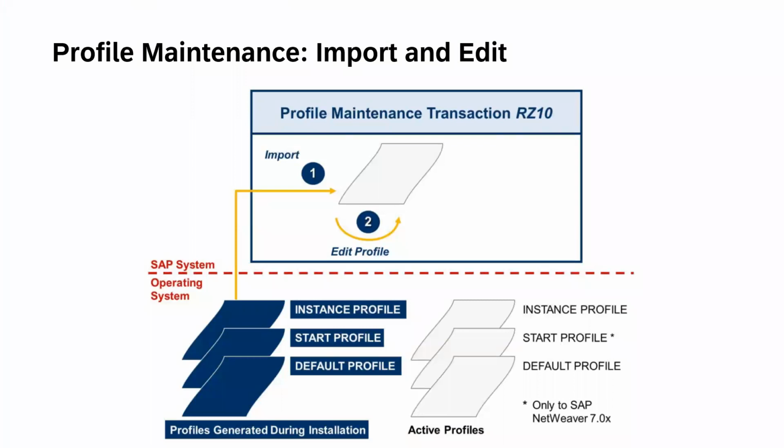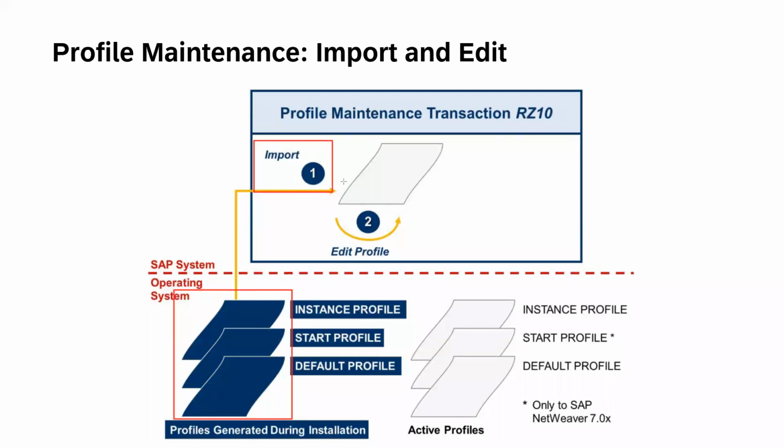No. See, one minute. The first step you are doing is importing the profile. When you import the profile, all the information from your parameters and profiles is imported into your database on your RZ10 program.